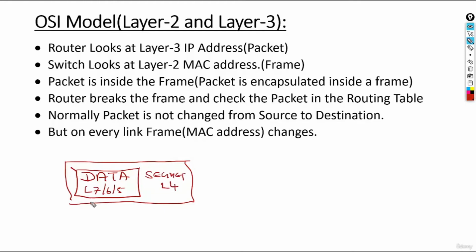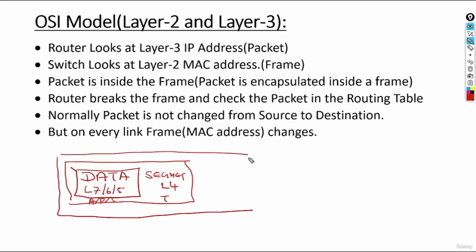This is called the application layer, presentation layer, session layer. This is called the transport layer. Now a segment is encapsulated inside a packet. Packet is at layer 3 and it is called the network layer.